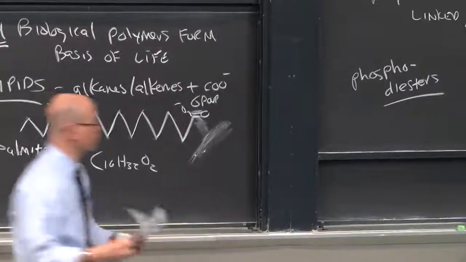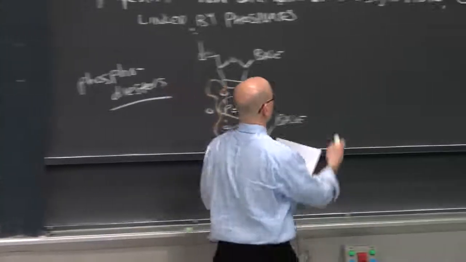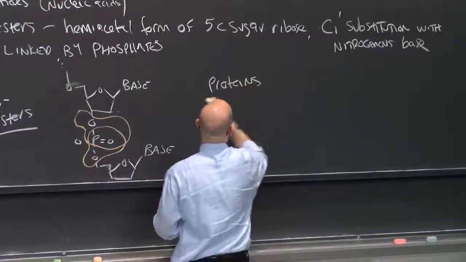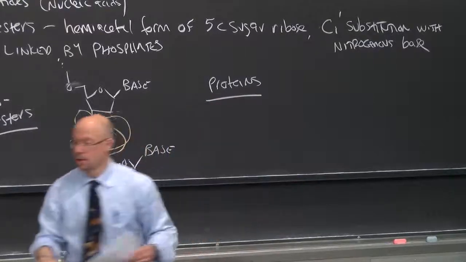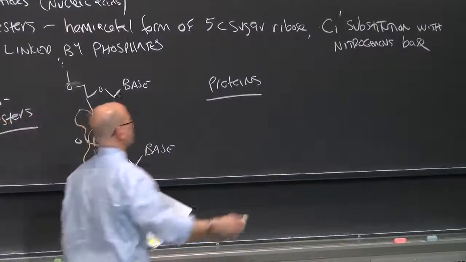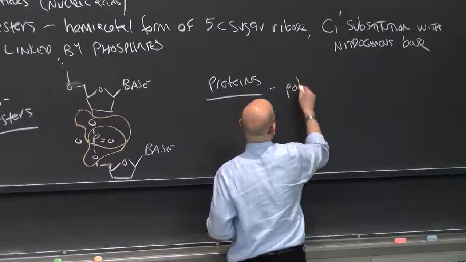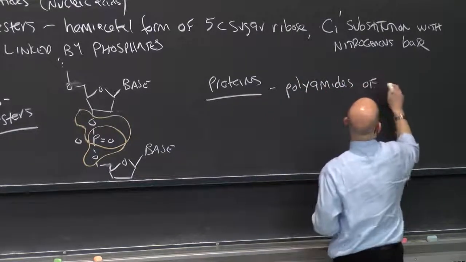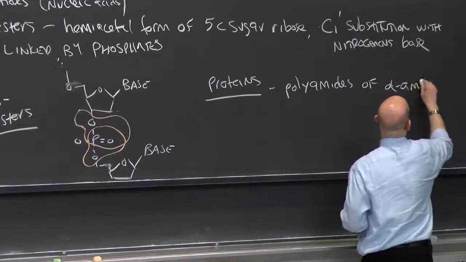And the last group of molecules on which life is based are proteins. And proteins, of course, are nothing more than polyamides of alpha amino acids.